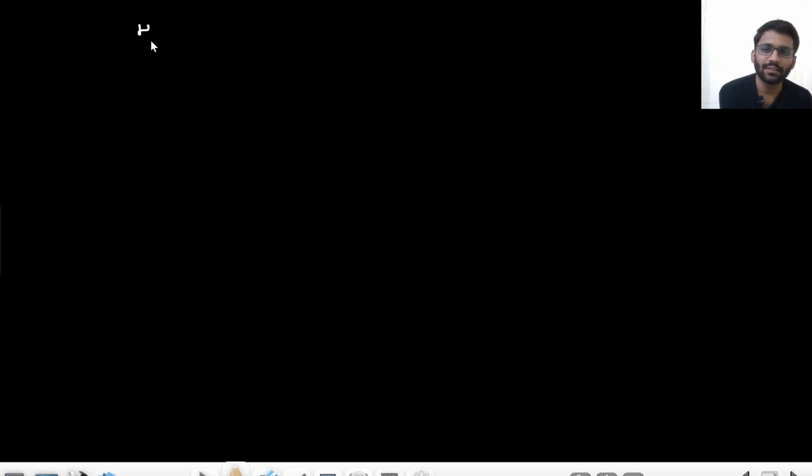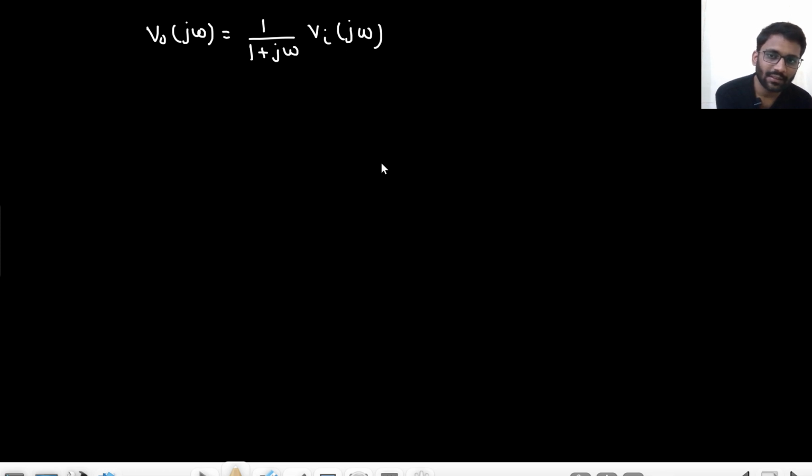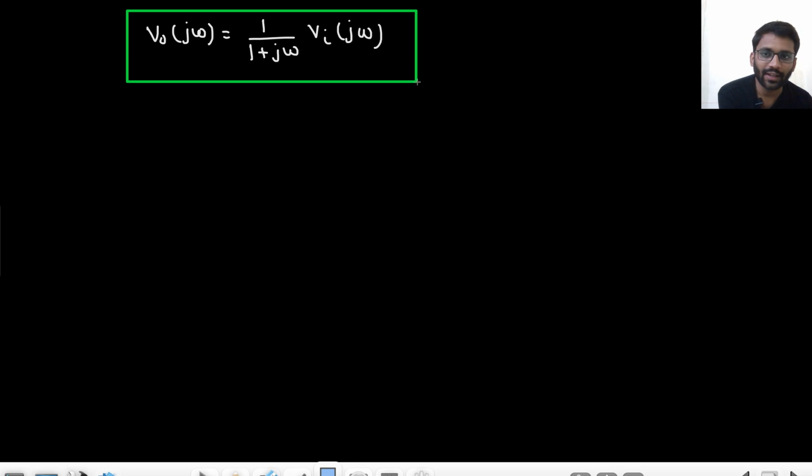Look, this is your v naught j omega, which is 1 by 1 plus j omega into v in j omega, right? This is the function of the frequency domain, not the time domain. In time domain, what happens?